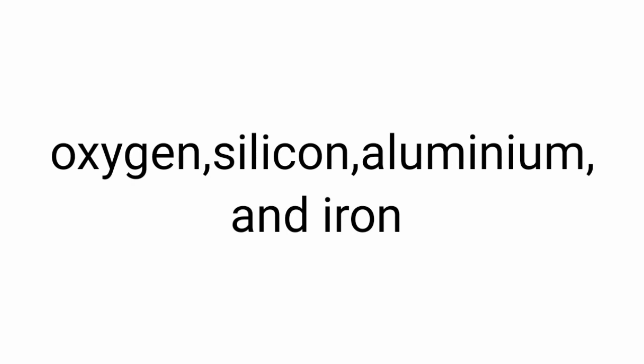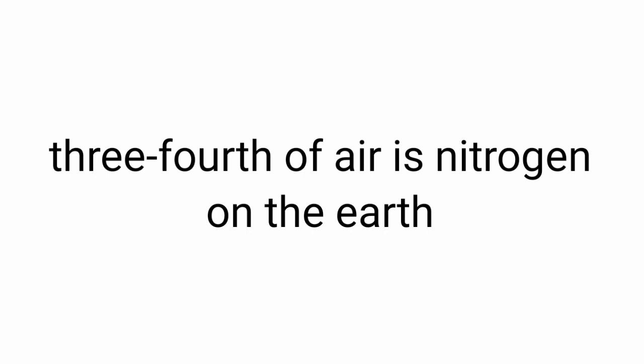Oxygen, silicon, aluminum and iron are the most abundant elements found in the Earth's crust. Hydrogen and helium are found in the entire universe, but oxygen, silicon, aluminum and iron are found in the Earth's crust. We know that air is a mixture of gases, out of which 78% is nitrogen, 21% is oxygen, and the rest is other gases.